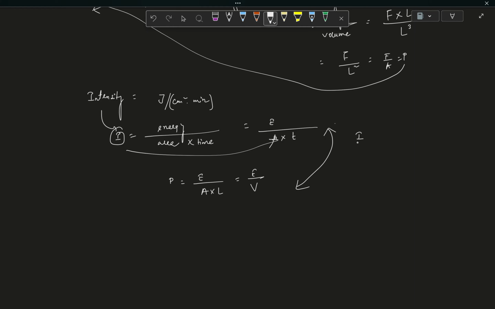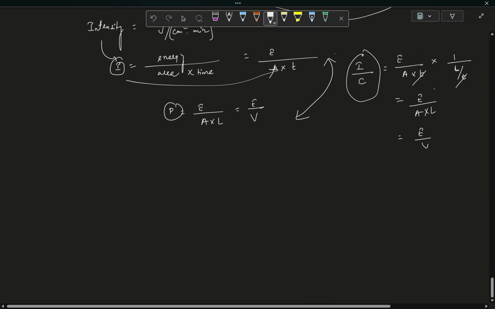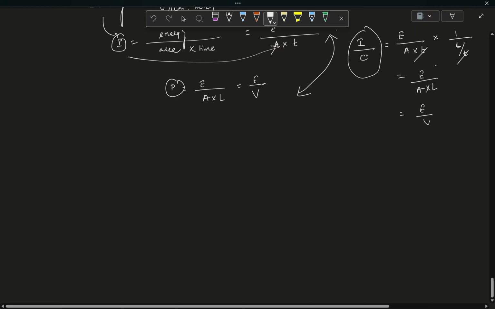If you divide your I by C, which is the velocity, length per time, then I equal to E by A into T, and 1 by C becomes 1 by L by T. Time and time cancel out, so you simply have E by A into L, which is area into length, the volume. So there you have your pressure, which has the same dimension as intensity by speed or velocity.